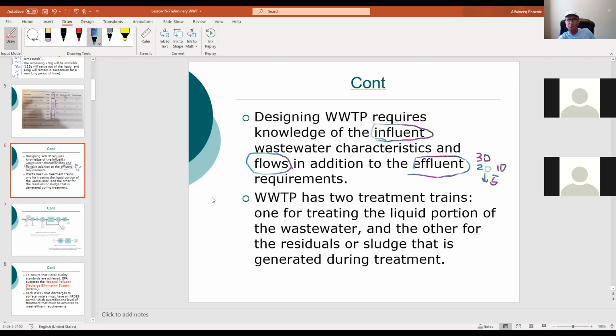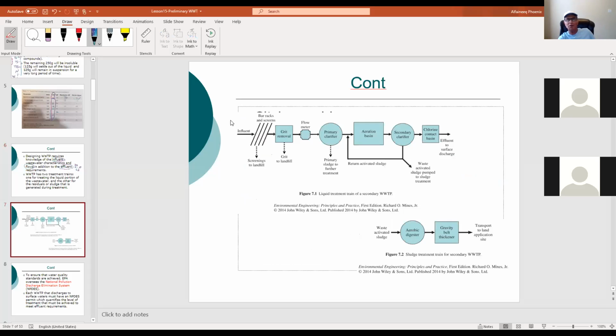All right. So in your wastewater treatment plant, you have 2 trains, in other words 2 processes. One deals with the liquid. And because you have dirt, we call it sludge, you have another train to treat the sludge before you take it to wherever you want, landfill or somewhere else.